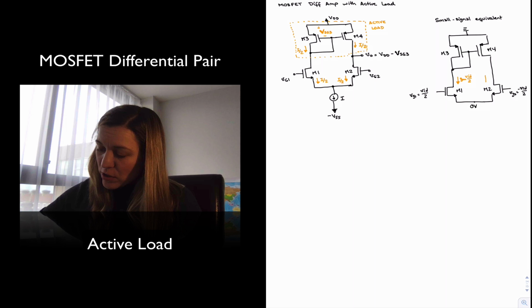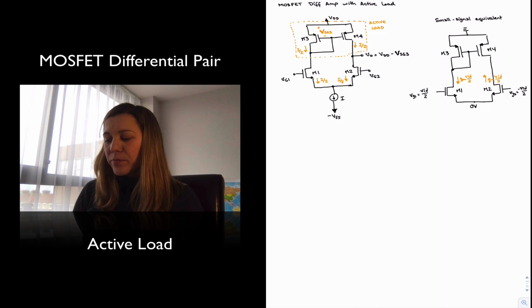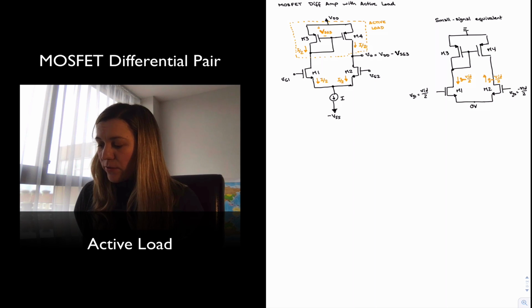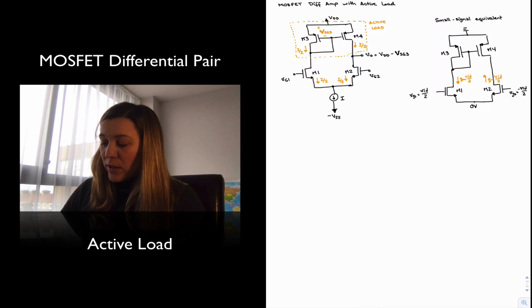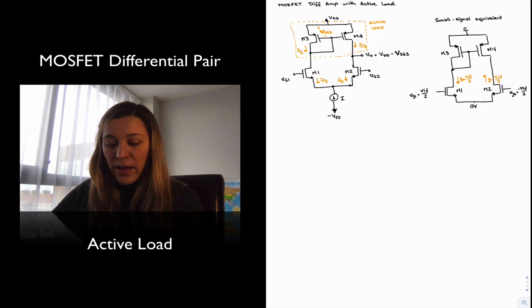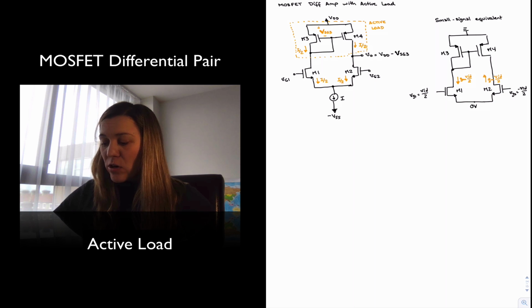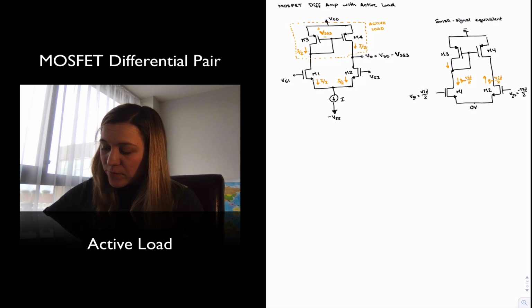It's going to produce a current in the opposite direction, gm VID/2, since it is negative. But then notice that because of the effect of the current mirror at the top, the current through M3 is going to be equal to gm VID/2, the small signal current.